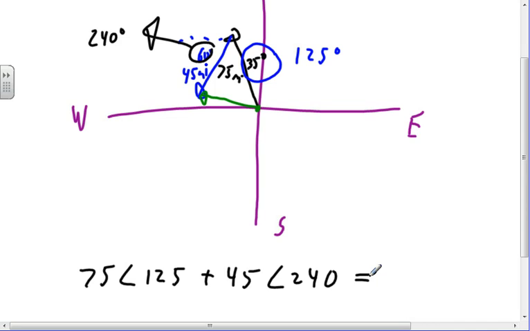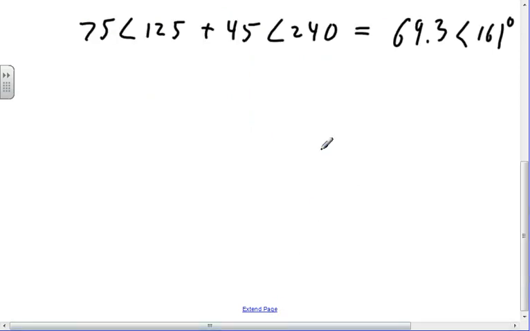75 second function complex angle 125 plus 45 second function complex angle 240, enter. 69.3 at an angle of 161 degrees. Now, because we started with an east to west and south of north thingy, we have to put it in that type of notation for our final answer.